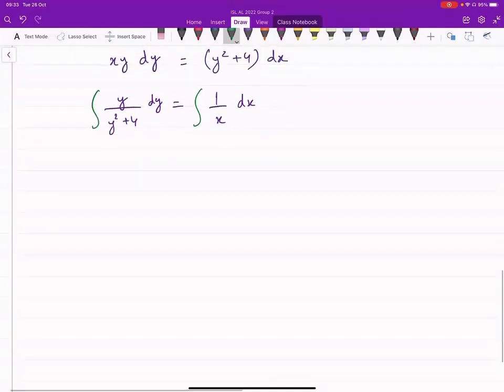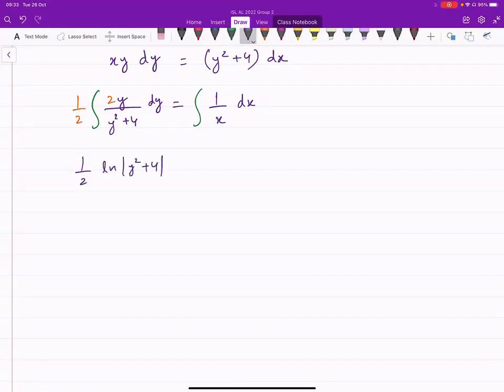We need 2y in the numerator. So हम क्या करते हैं? We put a 2 there, and we put 1 over 2 outside. And now on the left side, we get 1 over 2 log of y square plus 4. ठीक है? What about the right side? That's ln of x plus c.